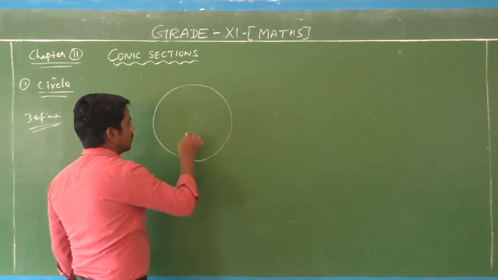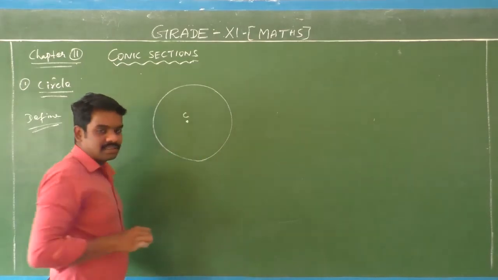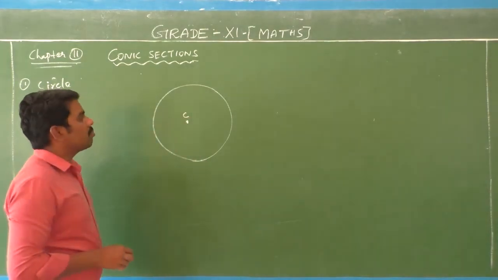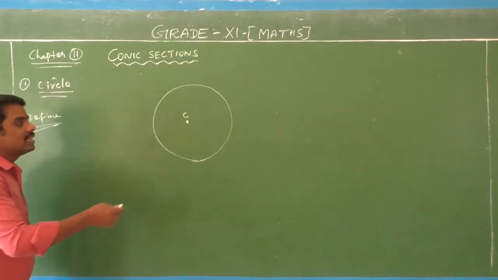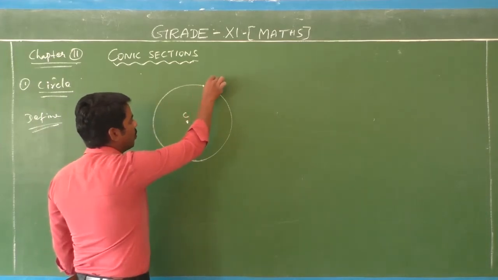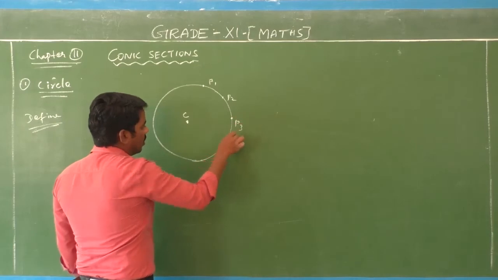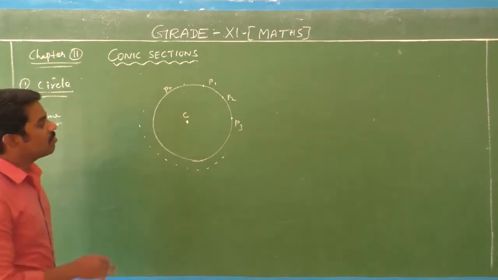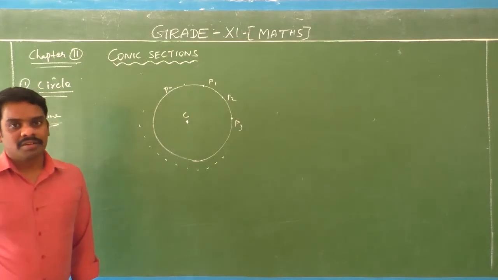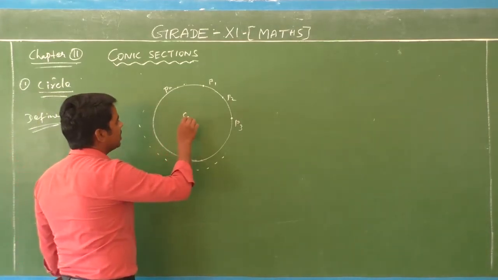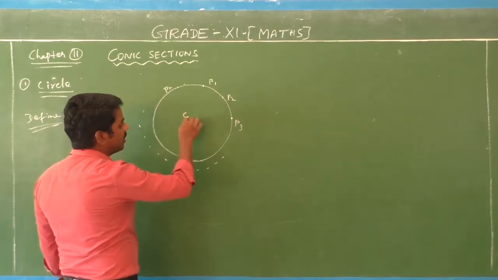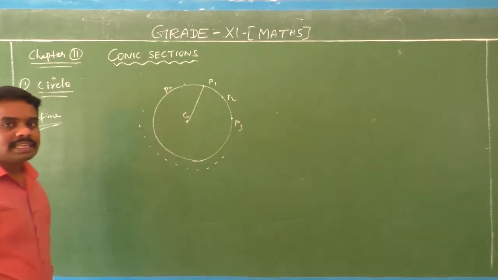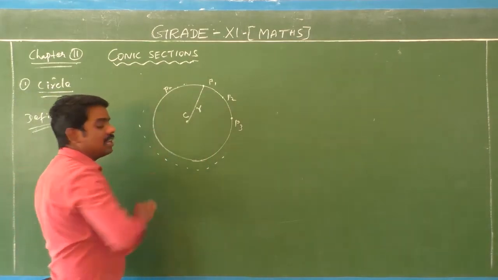This is a circle, with a fixed point, the center. Take any point on the circle: this point P1, this point P2, P3, and so on, up to Pn. The distance between the center, the fixed point, and any point on this circle is the same value. That is called the radius.